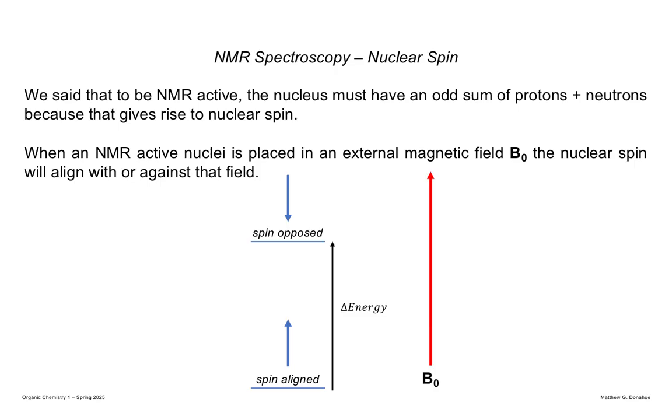So why is it n plus 1? And this is my very rudimentary explanation of this using some colored arrows or vectors to explain why the neighbors affect any given signal. So again, it has to relate to nuclear spin. And remember that, it's 1H or carbon-13. You have to have an odd number in the nucleus to have the spin.